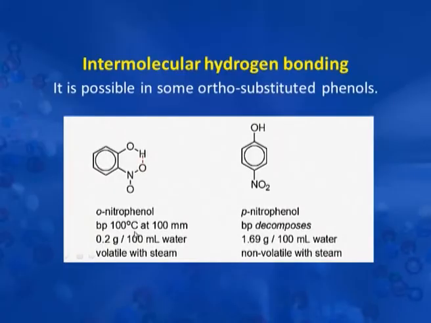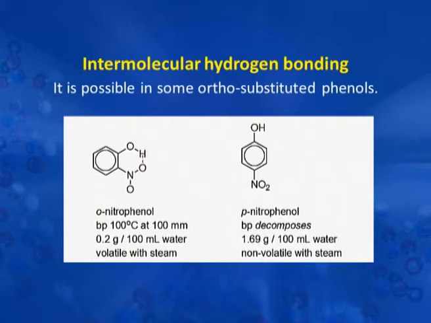association. Now, because of the presence of intramolecular hydrogen bonding in ortho nitrophenol, it shows certain peculiar properties. Like here you can see that ortho nitrophenol boils at 100 degrees centigrade at 100 millimeter of pressure, whereas in the case of para nitrophenol it decomposes upon increasing the temperature. Also, in the case of ortho nitrophenol, the solubility is much less as compared to the solubility of para nitrophenol.